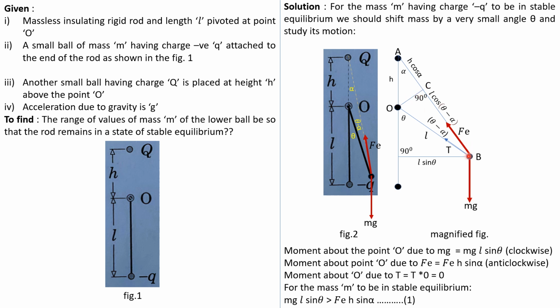This has a moment in the anti-clockwise direction, and the magnitude will be Fe into the perpendicular distance, that is h sine alpha. Since we are taking all moments about point O, T has no moment arm, so there will be no moment for this force T.